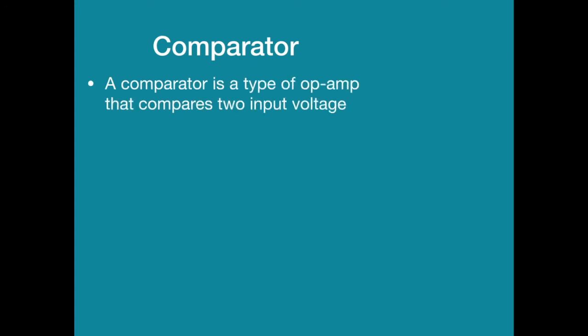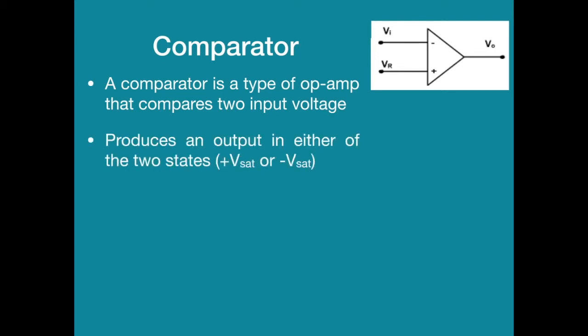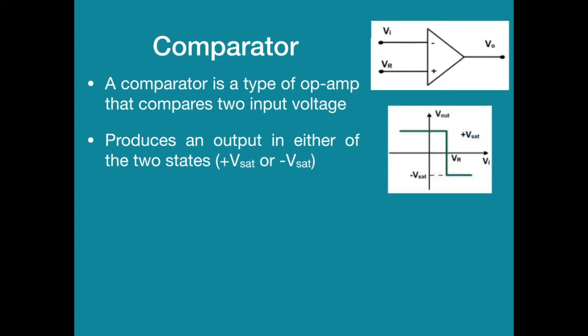Basically, a comparator is a type of operational amplifier which compares two input voltages. Here we have two input voltages Vi and Vr, and the output voltage is Vout, and output goes to either of the two states, plus V saturation and minus V saturation.